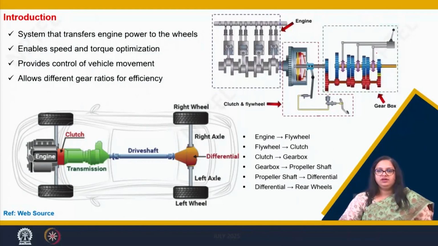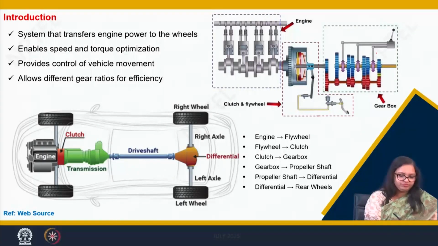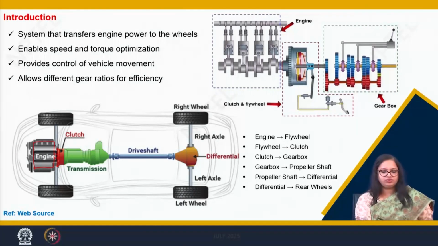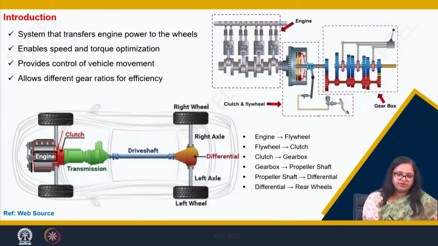Well, in the last lecture I introduced you to the power transmission that happens from the engine to the wheels. So, here it is the engine, that is the powerhouse, from which the energy is stored in a component called the flywheel.